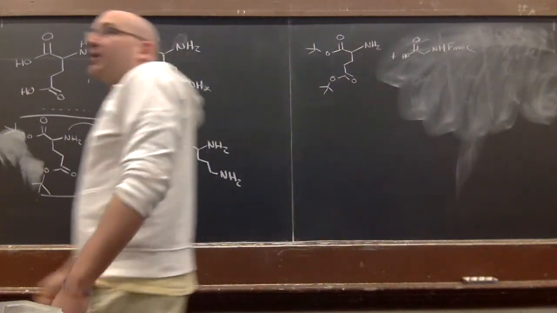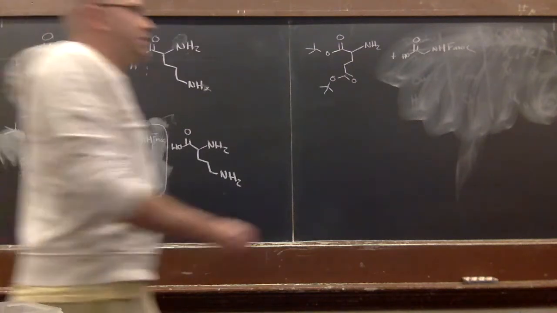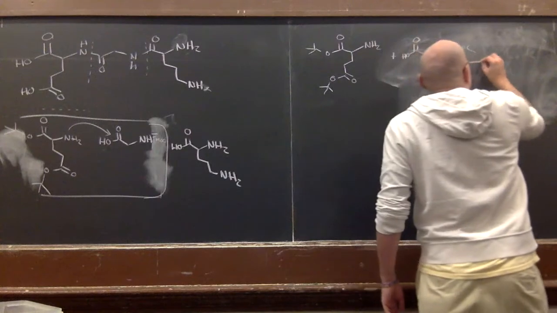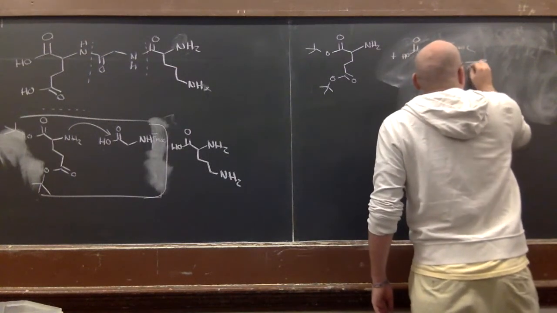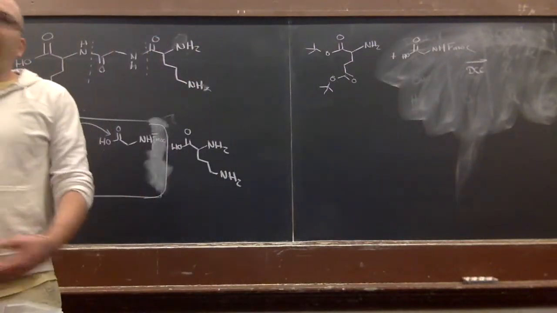so we'll take those two together, and what's the reagent that we use to couple peptides? You guys remember DCC, right? Not to be confused with PCC. DCC. Okay, so that's dicyclohexylcarbodiimide.